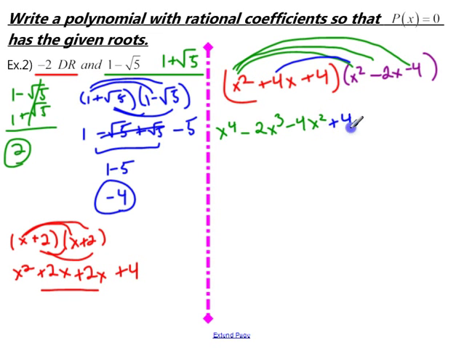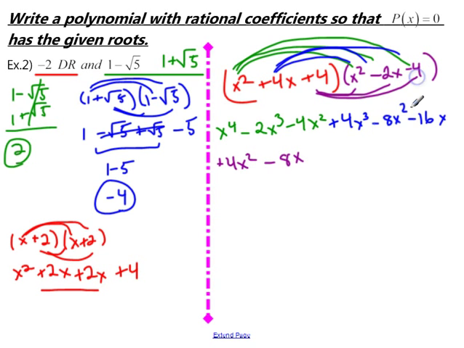That's a positive 4x cubed, and then a negative 8x squared, and a negative 16x. And then we take this third term and multiply by each one, so we get plus 4x squared minus 8x, and then minus 16.